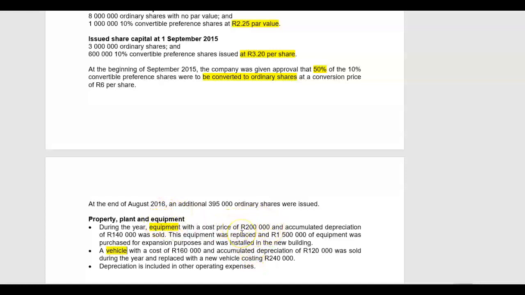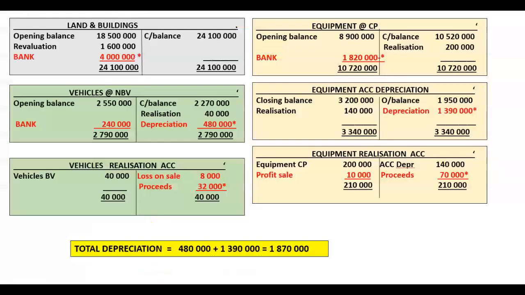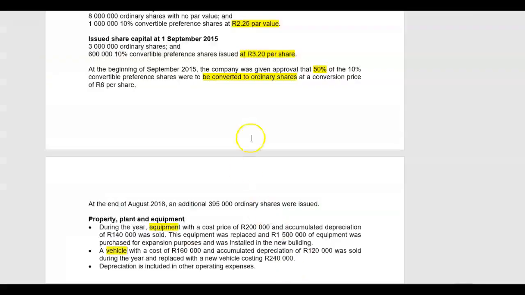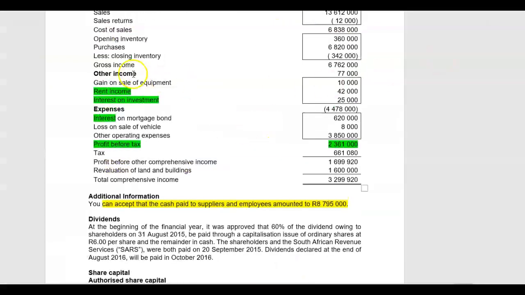We're going to take out the 200,000 out of the cost price, dump it in the realization account. We're going to take out 140,000 out of the accumulated depreciation and dump it in the asset realization account. There's the 200,000, there's the 140,000. Going back to your income statement, gain on the sale of equipment is a profit of 10,000 Rand.